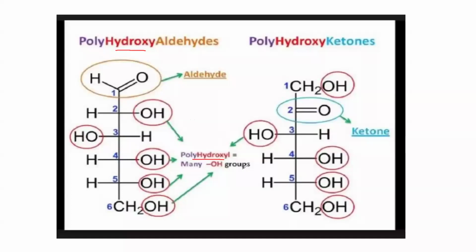Poly means many, so many OH groups. And then the aldehyde: look at it, carbon to oxygen double bond and a free hydrogen. And 1, 2, 3, 4, 5. So this is also a polyhydroxy ketone, and this is the ketone functional group. That is how we define carbohydrates and how their structures look.